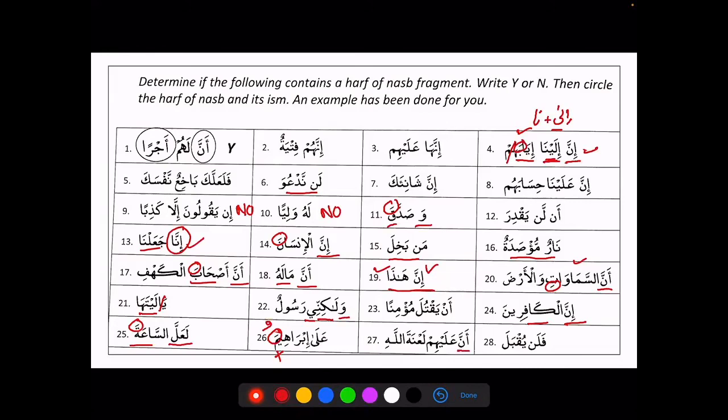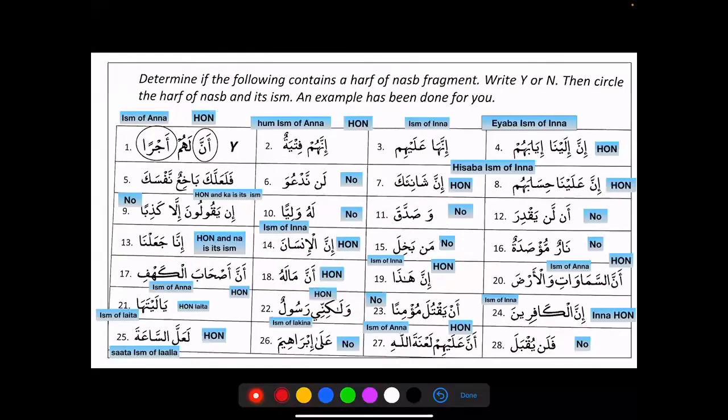La'anata is ismuha. Very good. So alayhim is in between, a jar majroor fragment. Okay. Falan yuqbala. No, because Fala is not. Very good. Okay. And this is basically your key.